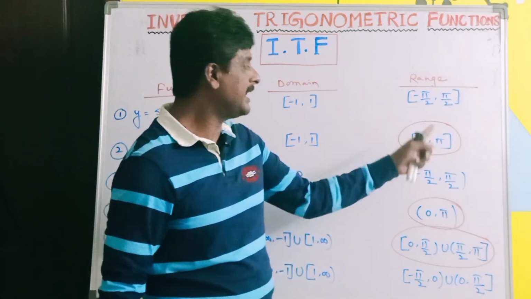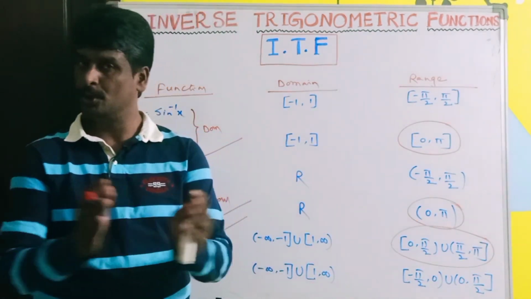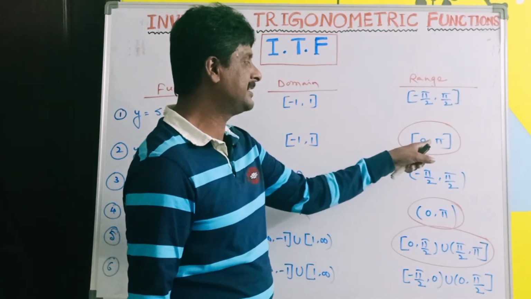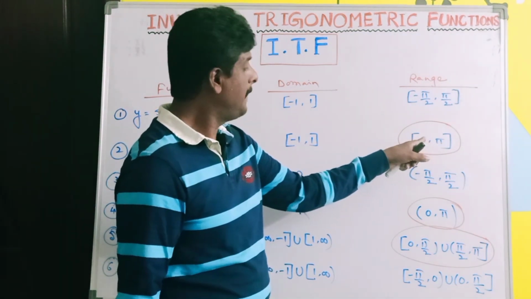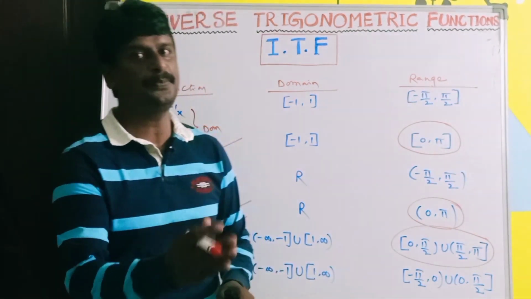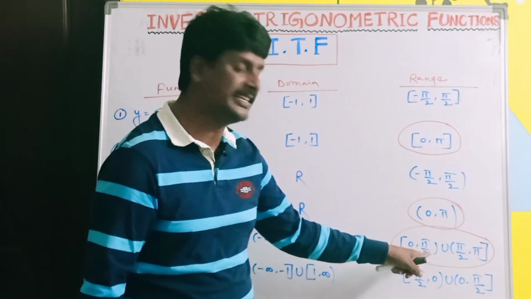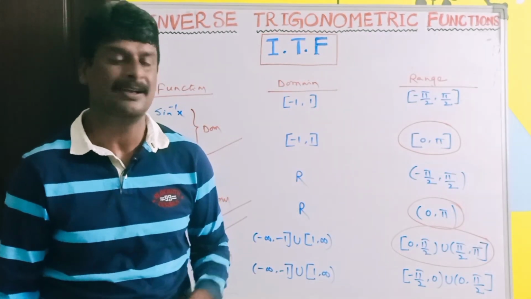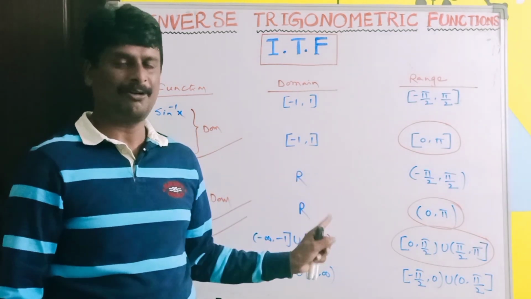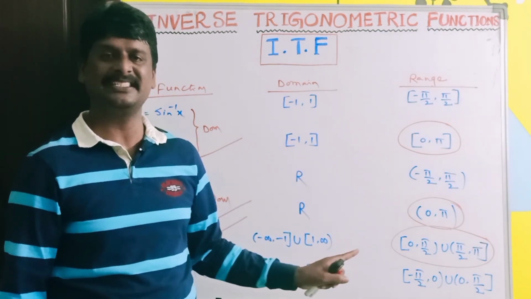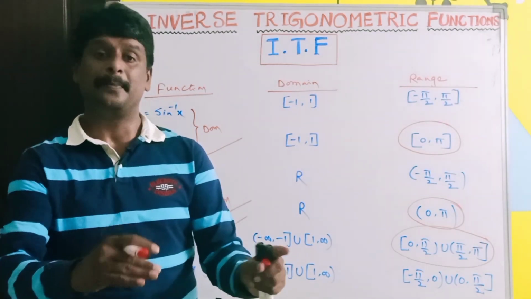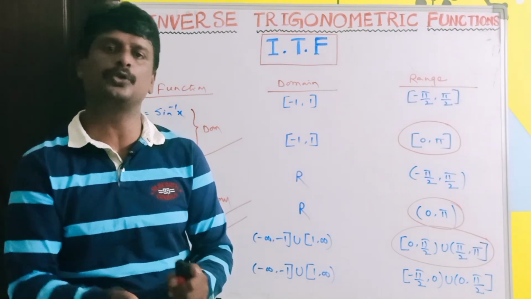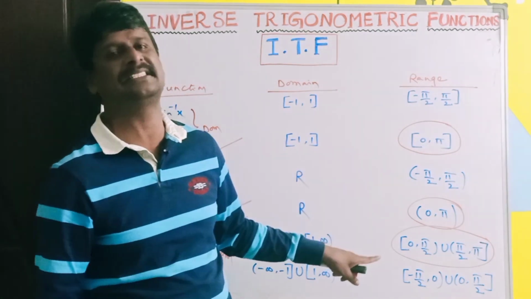That's why in the range of cot inverse x those 2 points are excluded, and secant does not exist between 0 to pi at pi by 2. That's why in the range of secant inverse x, pi by 2 is excluded. Very simple to remember. Cos inverse x range, cot inverse x range, secant inverse x range are almost the same. But wherever secant is undefined, those points are excluded from these sets.